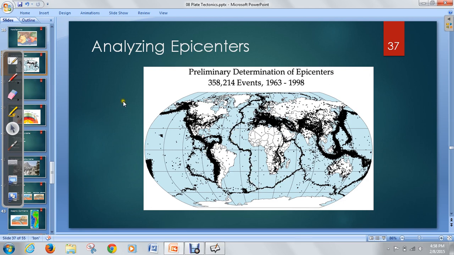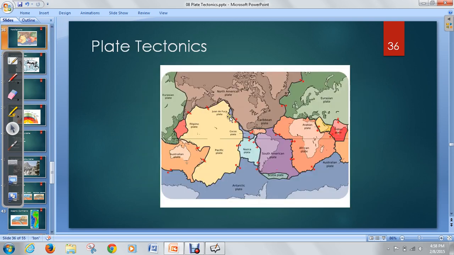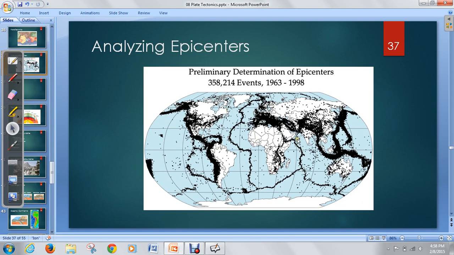Okay, so for example, look at this one around Africa. You kind of see how there's this outline of epicenters around Africa. Well, if you look at Africa's plate over here, it's approximately the same shape. Okay, let's look at the Middle Eastern plate. The Middle Eastern plate kind of just surrounds the Middle East.